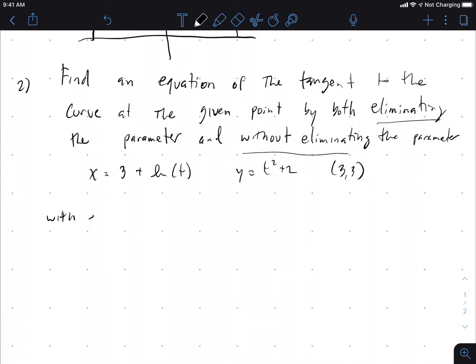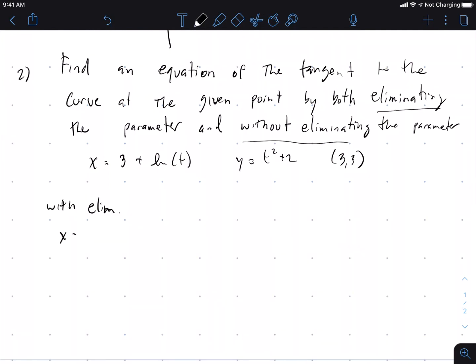So if we do with eliminating, the equation that we're given is x is equal to 3 plus ln of t, right? So we can go x minus 3 is equal to ln of t, right? And that's going to become e to the x minus 3 is equal to t, right? Okay.